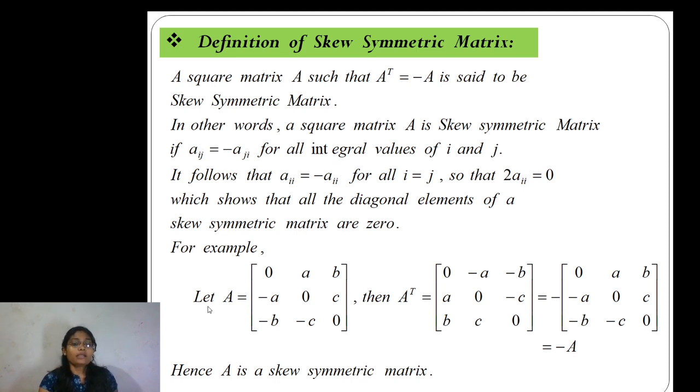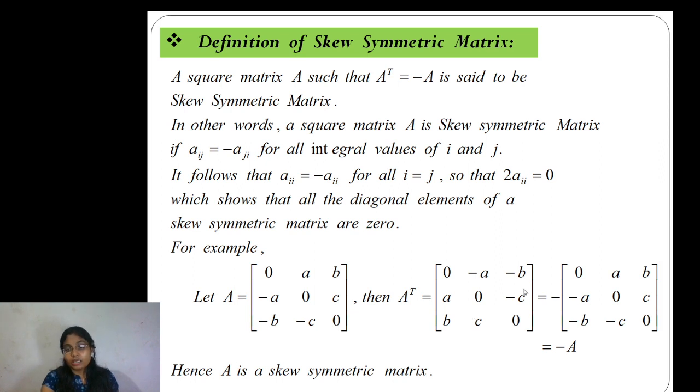For example, let capital A equal 0 A B, minus A 0 C, minus B minus C 0. A transpose is obtained by making first row the first column, second row the second column, third row the third column. This is the transpose of the matrix.